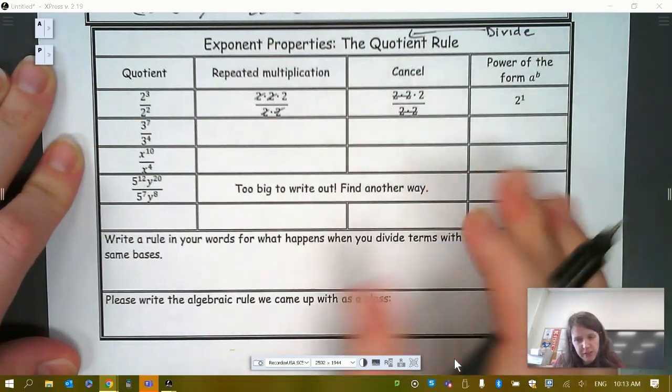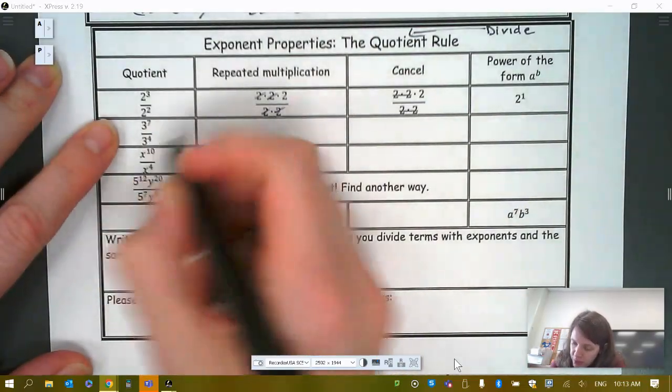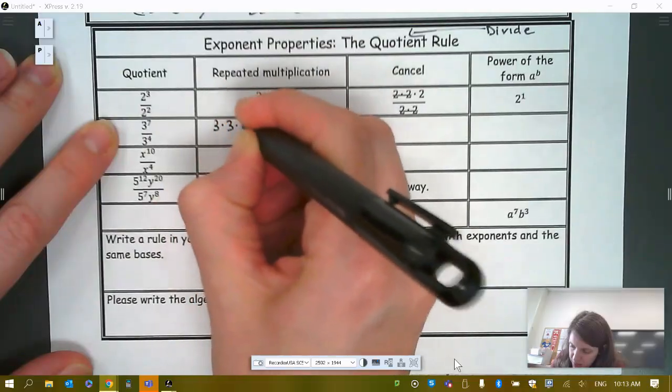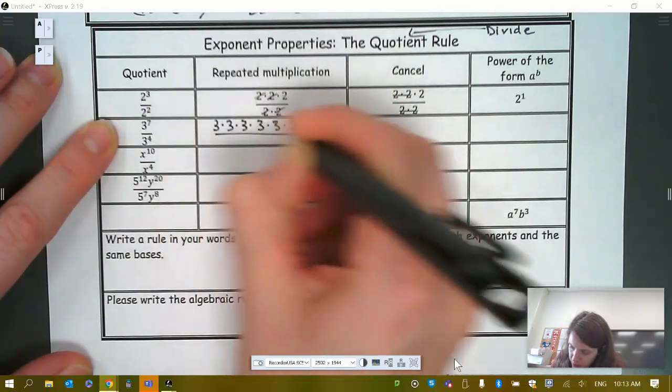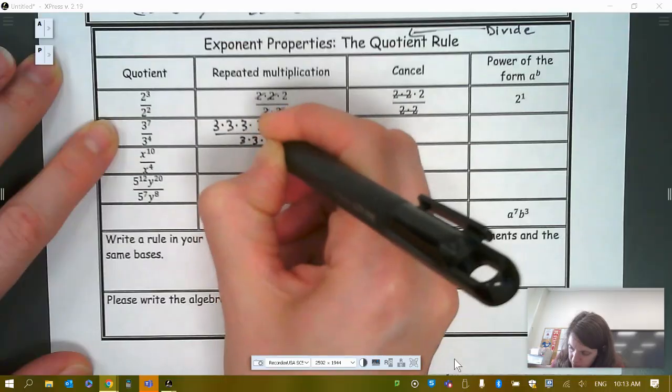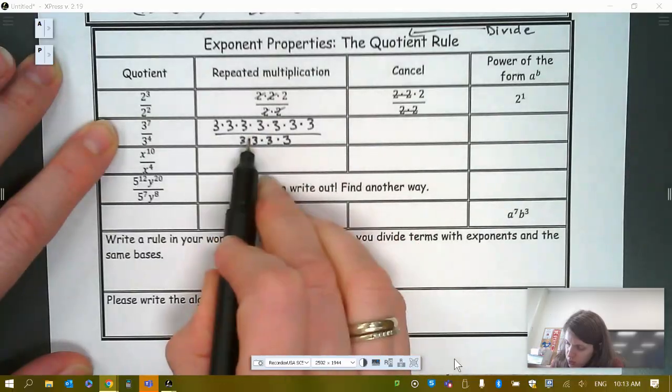Let's look at a couple more examples and see if you can figure out what's happening here, or an easier way, just like we did in the previous ones, an easier way to solve it. So I've got 3 to the 7th. Let me go ahead and write my 7 threes here. And then I've got 3 to the 4th, so I've got 4 threes on the bottom. So 1, 2, 3, 4, 5, 6, 7. 1, 2, 3, 4.